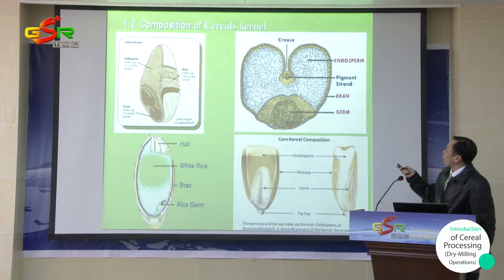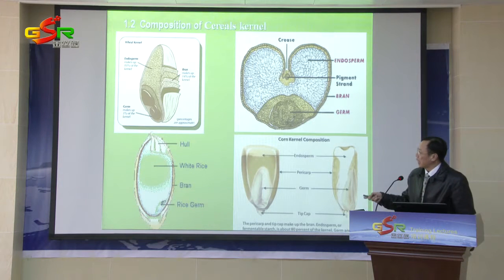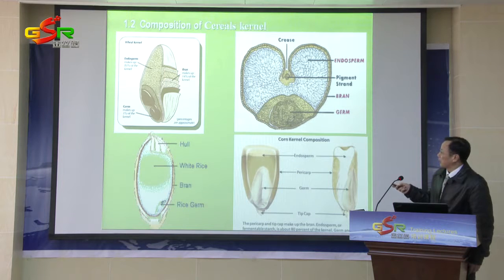Wheat kernel has a crease, and the rice and the corn kernel have a simpler structure.